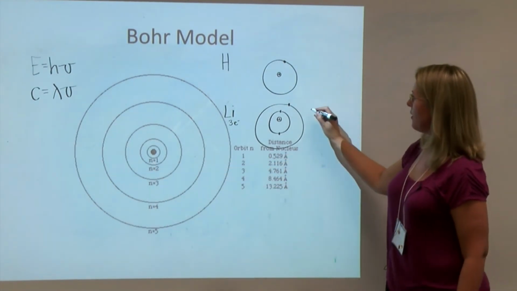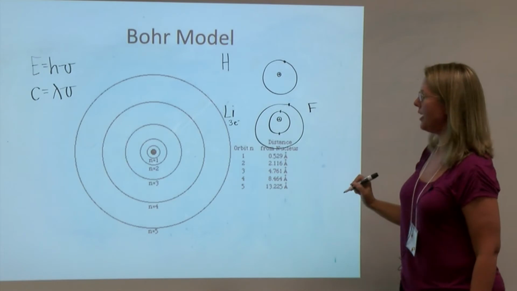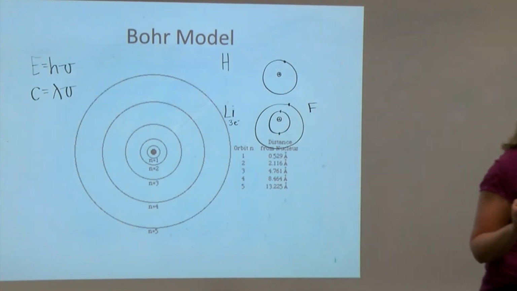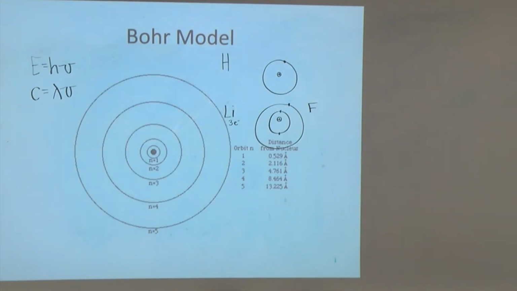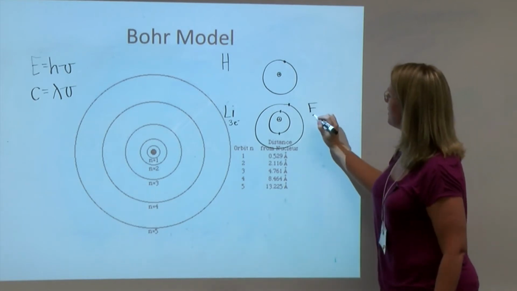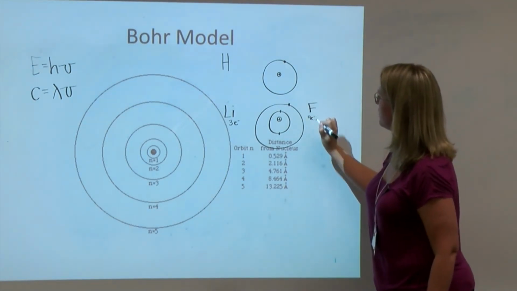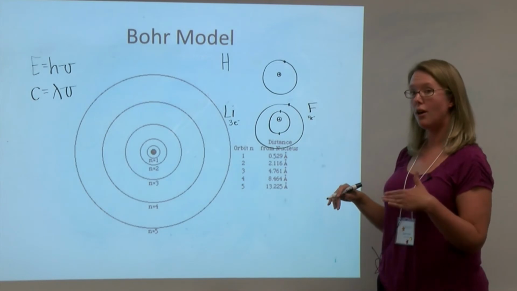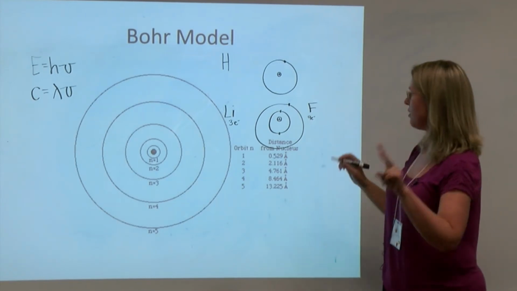Let's jump forward a good bit to fluorine. And so if you look at fluorine, I think it's number 9. Yes. Let me just double check. Yeah. So fluorine's 9, so that means it has 9 electrons. Fluorine is still in the second row though, so we draw 2 circles.